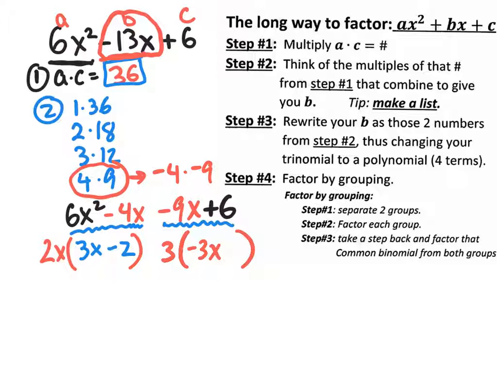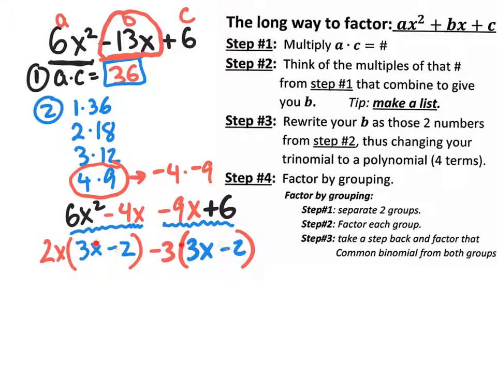So I'm going to factor out a negative 3. That way on the inside, I will get a positive 3x, right? Because negative 3 times positive 3x is negative 9x. And then negative 3 times what is positive 6? A negative 2.